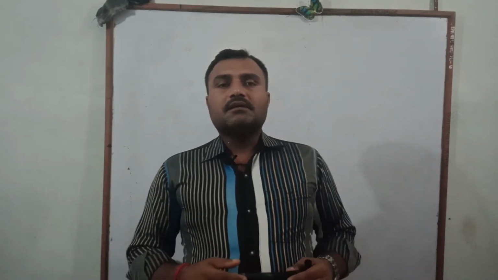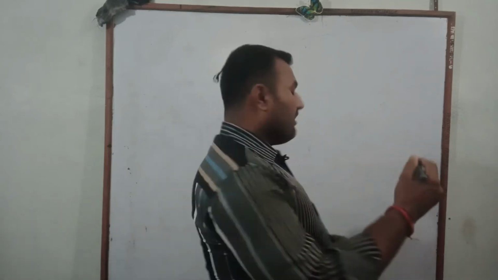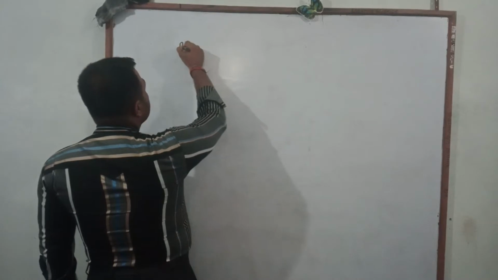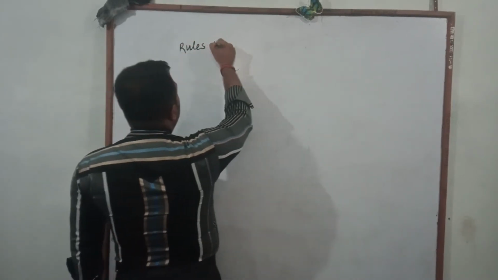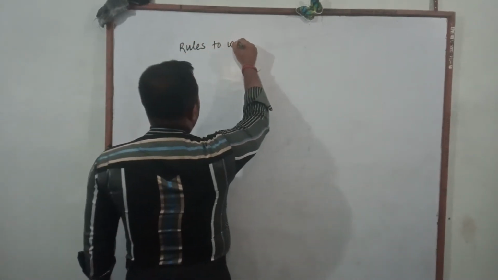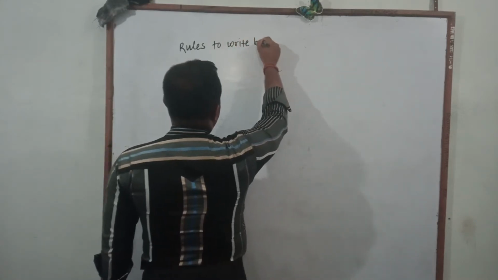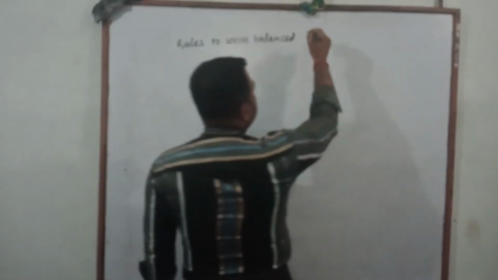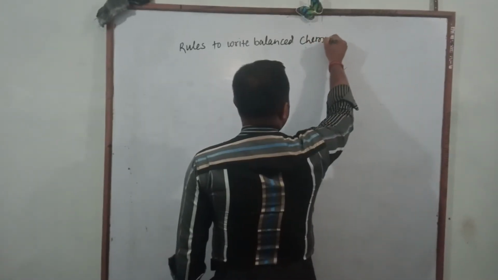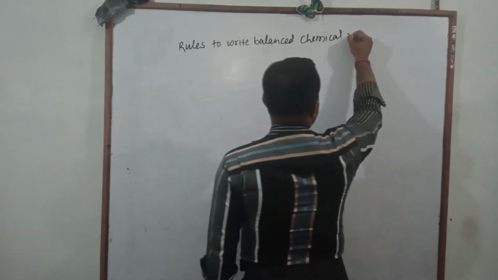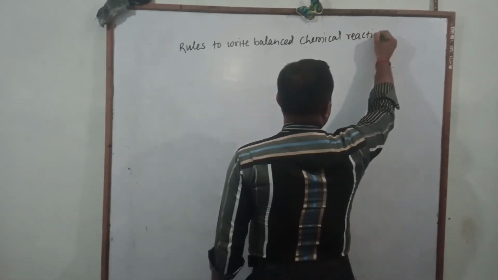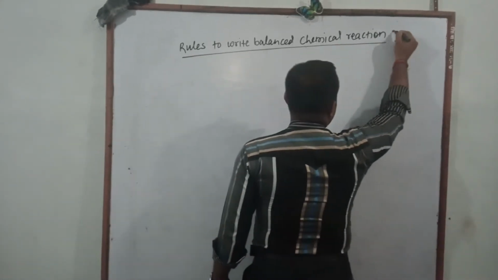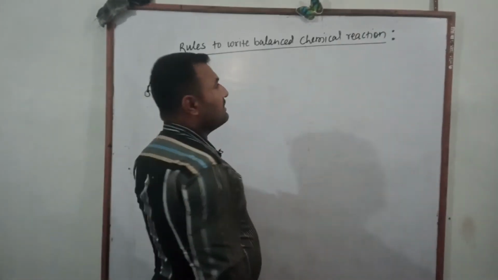And here firstly we describe the rules to write a balanced chemical equation or balanced chemical reaction. In short, we write some rules that help to write a balanced chemical equation.